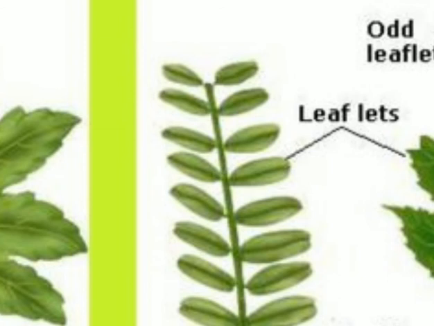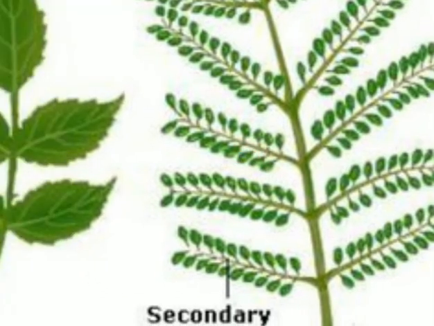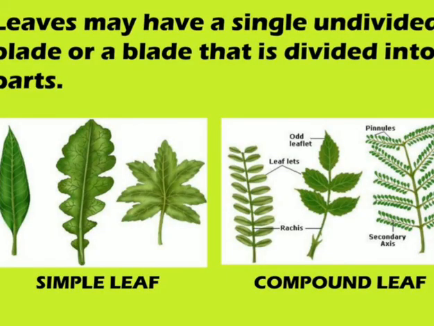It is unipinnately compound or it could be bipinnately compound like this, that is, secondarily the leaflets are further divided, in such a way that a number of leaflets are present on the common axis, the rachis, which represents the midrib of the leaf. In palmately compound leaves, the leaflets are attached at a common point, that is, at the tip of the petiole, as in silk cotton.